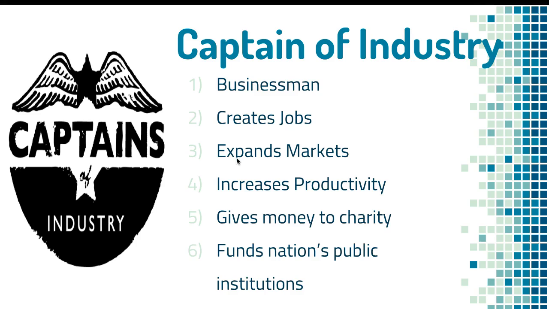A captain of industry gives money to charity, so they didn't keep all the profits for themselves. And they also funded the nation's public institutions. They gave money to colleges and such, like Vanderbilt, Duke, Stanford. All of these captains of industry donated money and in turn have these institutions named after them.